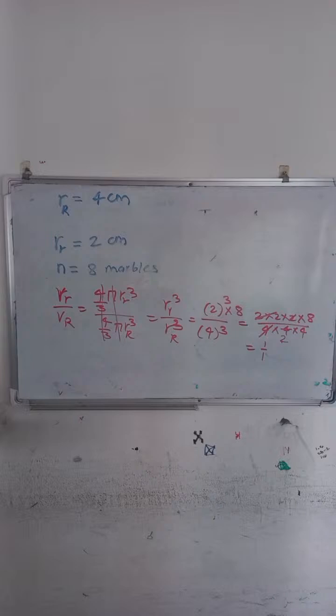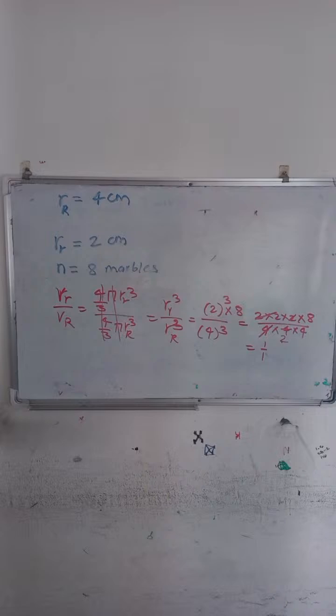A corn cob shaped somewhat like a cone has a radius of its broadest end as 2.1 centimeter and the length, that is the height, as 20 centimeter.